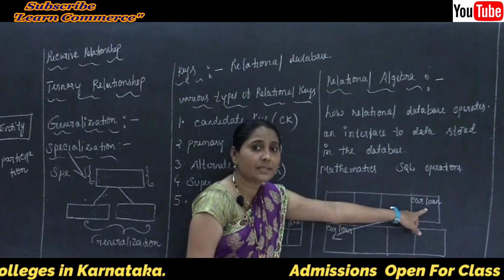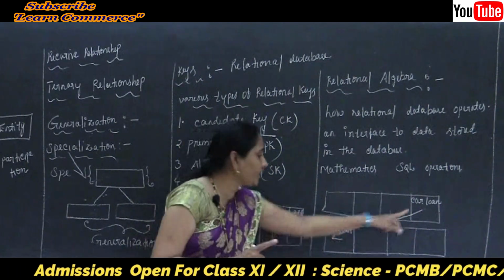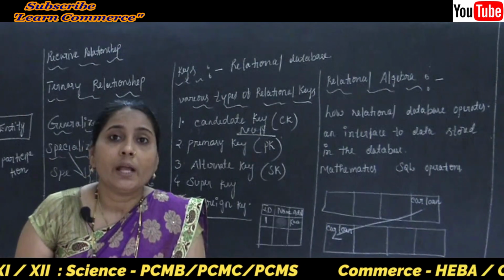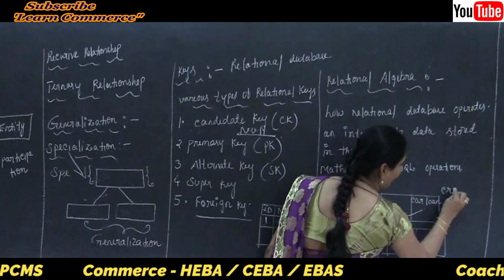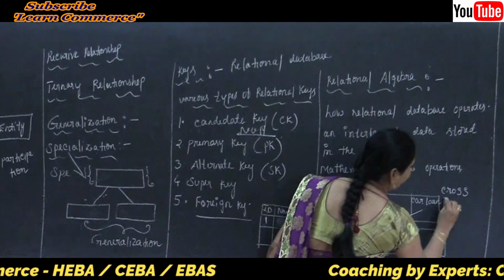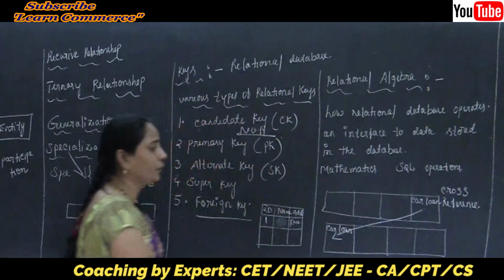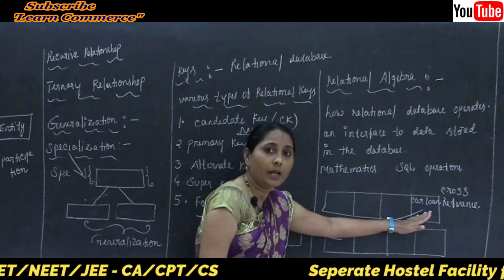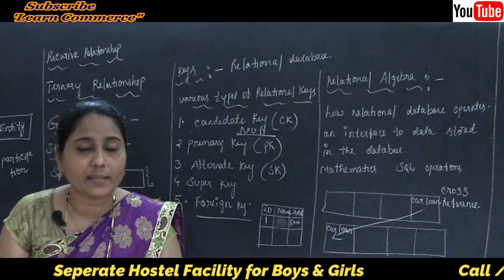The foreign key matches the primary, meaning the first column of a table. Or in simple words, we can say that the foreign key is used as a cross reference table. Why? Because we match from one table to another table just by using the cross reference. So it can be used as a cross reference table.